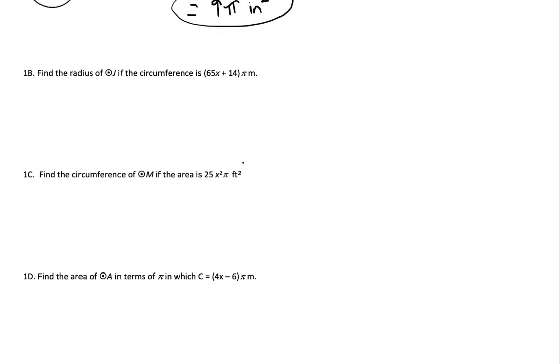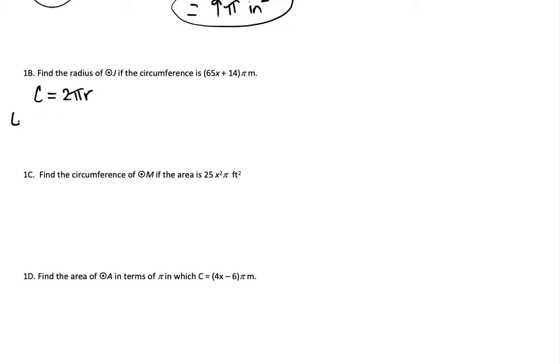Let's move on to 1b. This one has algebra in it. It says find the radius if the circumference is 65x plus 14 pi. So since we're looking for radius, I'll write circumference like 2 pi r.